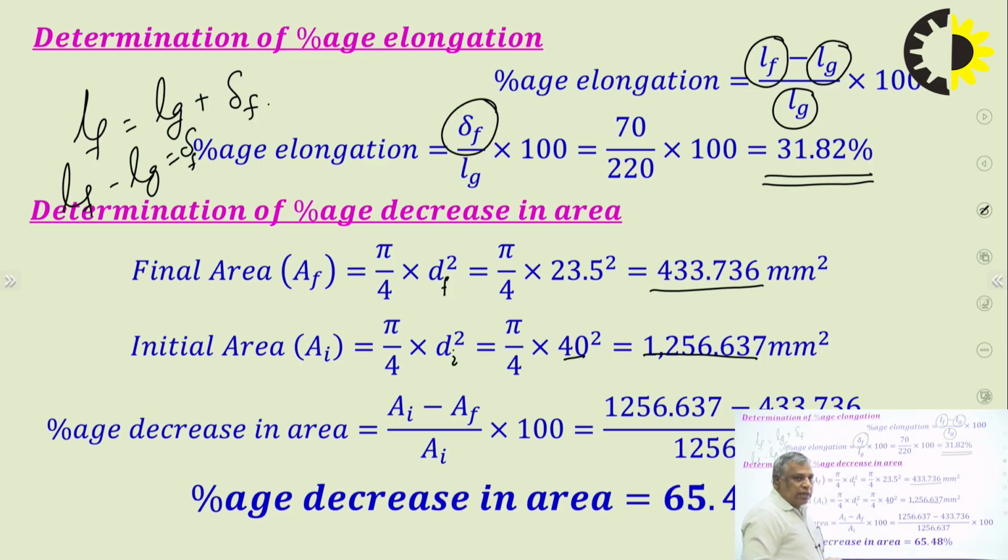I consider the larger value first minus the lesser value. That's why I write AI minus AF upon AI. I put in the values, multiplied by 100, and the decrement in the area is 65.48%.